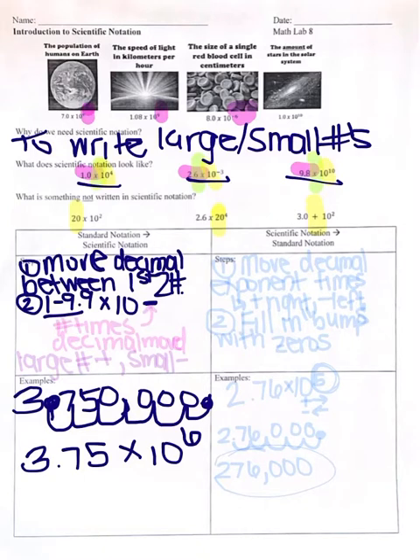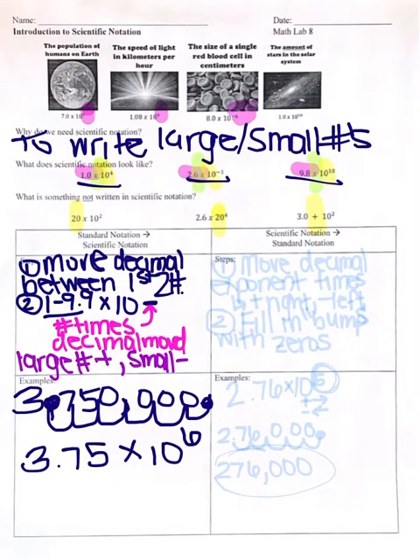And that power there is going to be the number of times we moved. If it's a large number, the exponent's going to be positive. Small number, the exponent's going to be negative. So just some things to keep in mind as you are solving these kinds of problems.